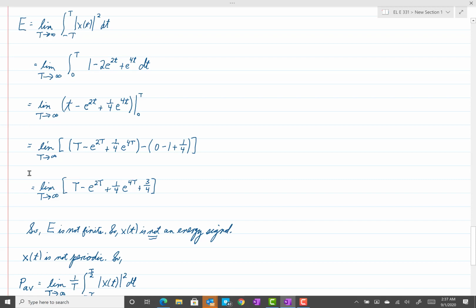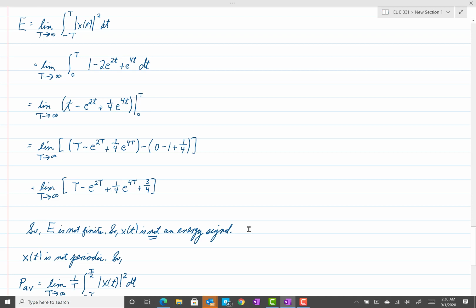So the energy is equal to the limit as T goes to infinity of T minus e to the 2T plus 1/4 e to the 4T plus 3/4. And that is not finite. Therefore E is not finite, and therefore x of t is not an energy signal.